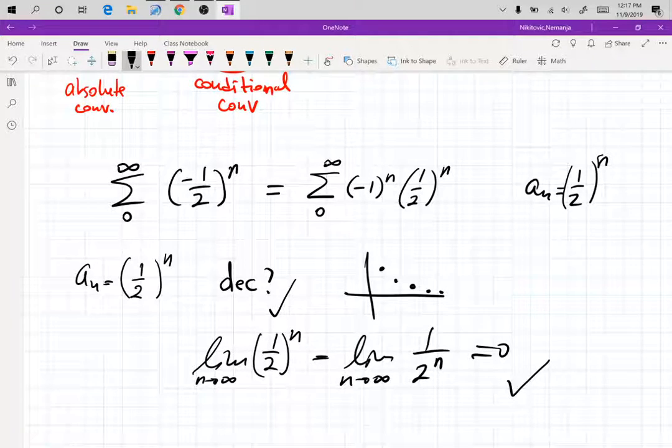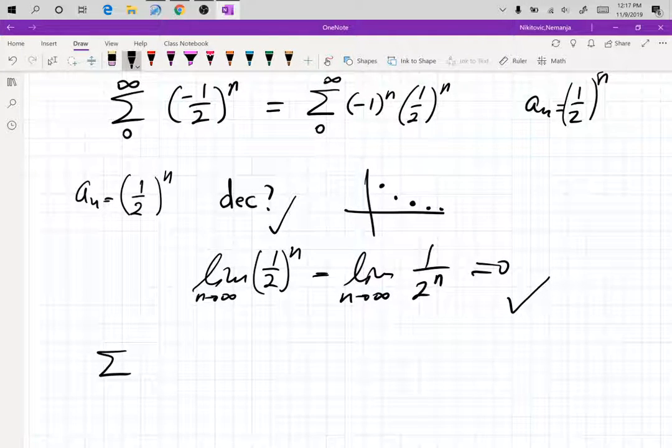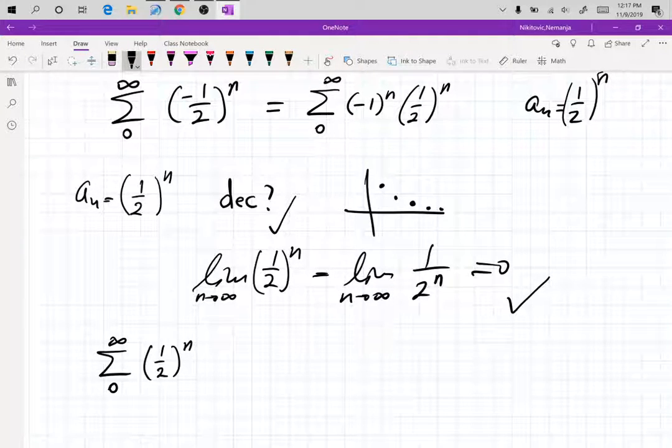Because it passed both conditions, we hop onto the convergence branch, and we are supposed to take a look at what's happening here. So what's happening here? Excellent. It's a geometric series.